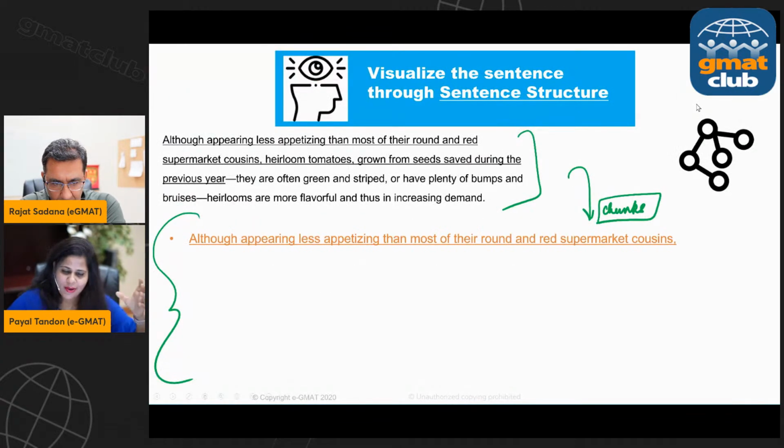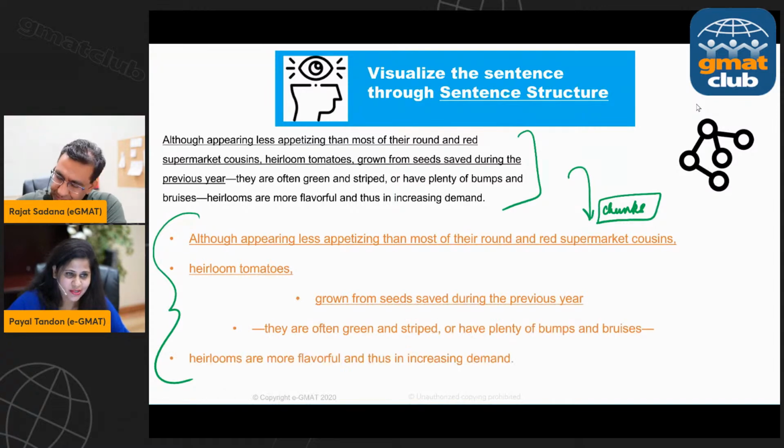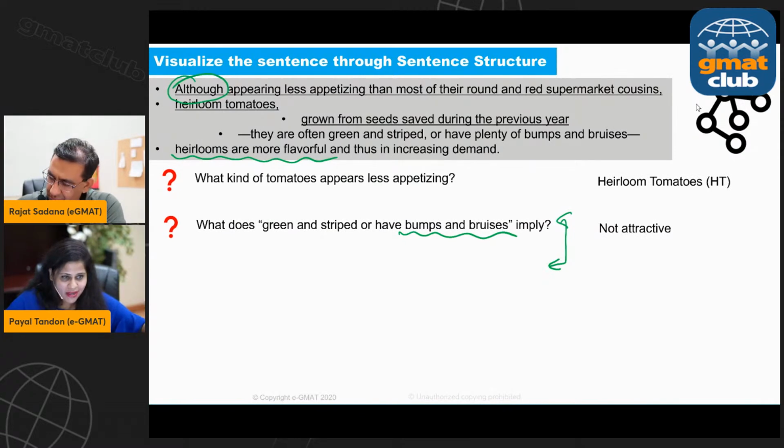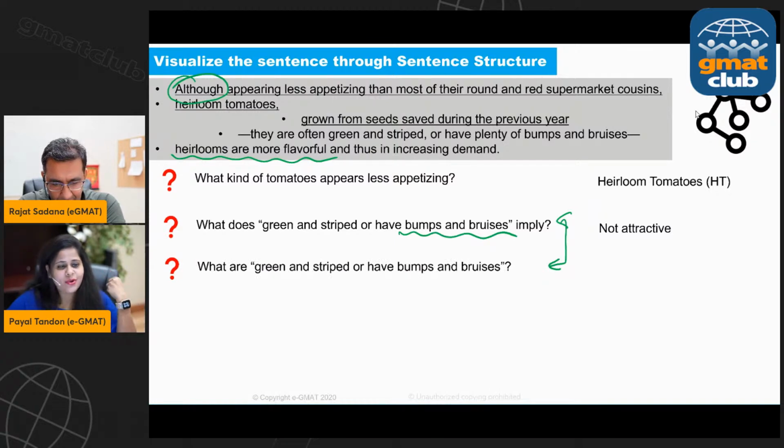But the reason why I wanted to come back to choice D was that this was the most popular incorrect answer choice. Had you spent that time upfront in understanding what the author wants to communicate, had you extracted all the aspects of what the author wanted to communicate, rejecting choice D would have been a cakewalk, because right away you would have said, there's no contrast word here, so this choice has to be wrong.